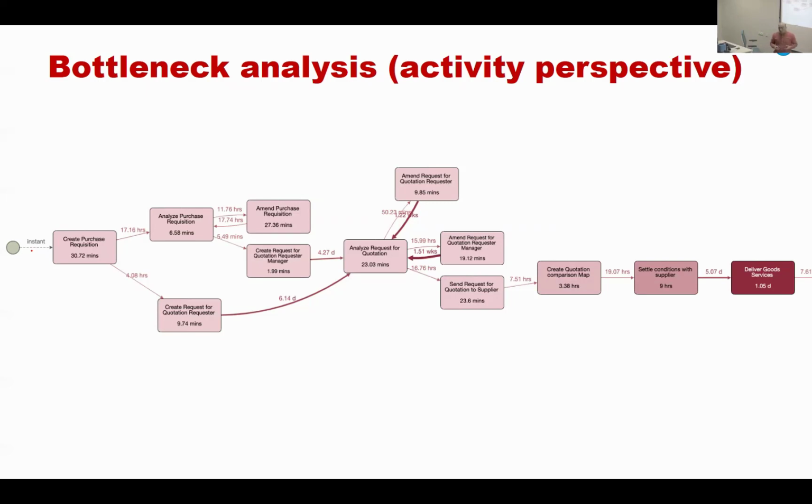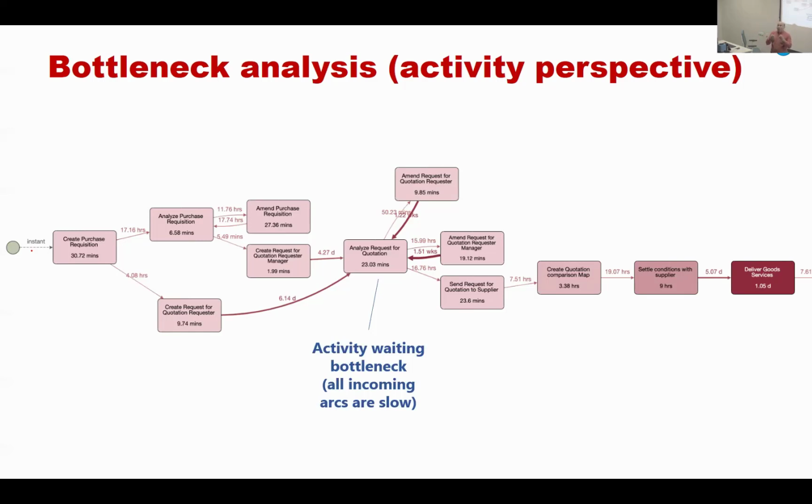But assuming that you have selected a duration overlay with a certain aggregation function to it, then the duration overlay will allow you to find the activity weighting bottlenecks, those activities such that the waiting times leading to those activities are the highest.